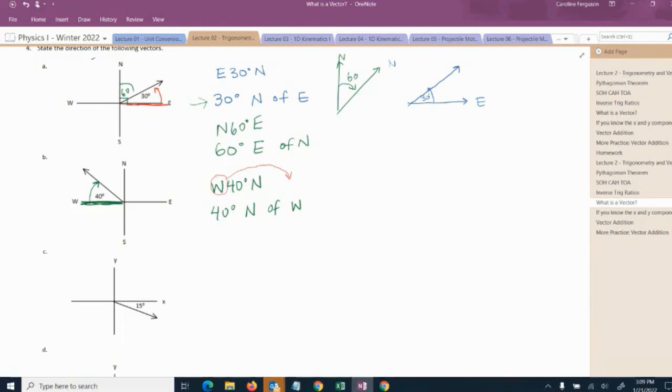Visually, that might help you see the second option. What it means is you're going 40 degrees north of the west line. Here's my west line, and you're going 40 degrees towards the north of that. So it really means the same thing as west 40 degrees north.